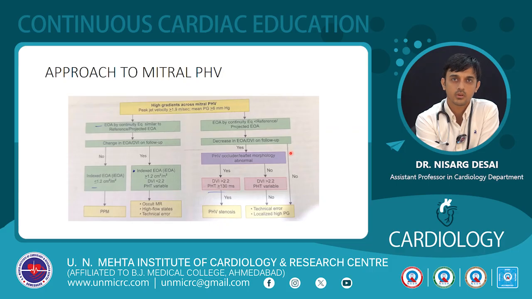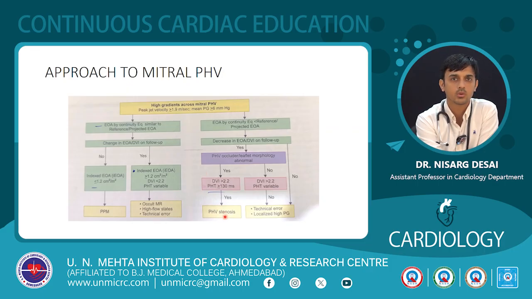If there is no difference in the EOA or DVI, again it is a technical error, that your EOA is coming less than the index EOA. But if the DVI is more than 2.2 or 2.5 and the pressure half time is also more than 130, similar to the rounded jet that we get in the aortic valve, this PHT is the one that we get in the mitral valve.